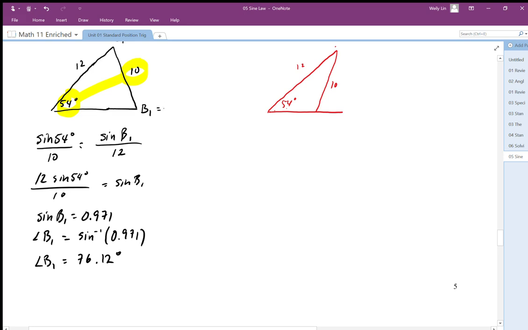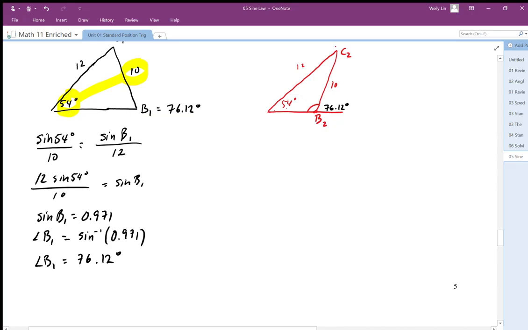Taking a look at angle B2 and angle C2, angle B2 really is just the supplement of angle B1, because this angle in here that is not part of the triangle is the same as the angle that was solved. So there's my 76.12 degrees. To find my angle B2, this obtuse angle here is 180 minus angle B1.